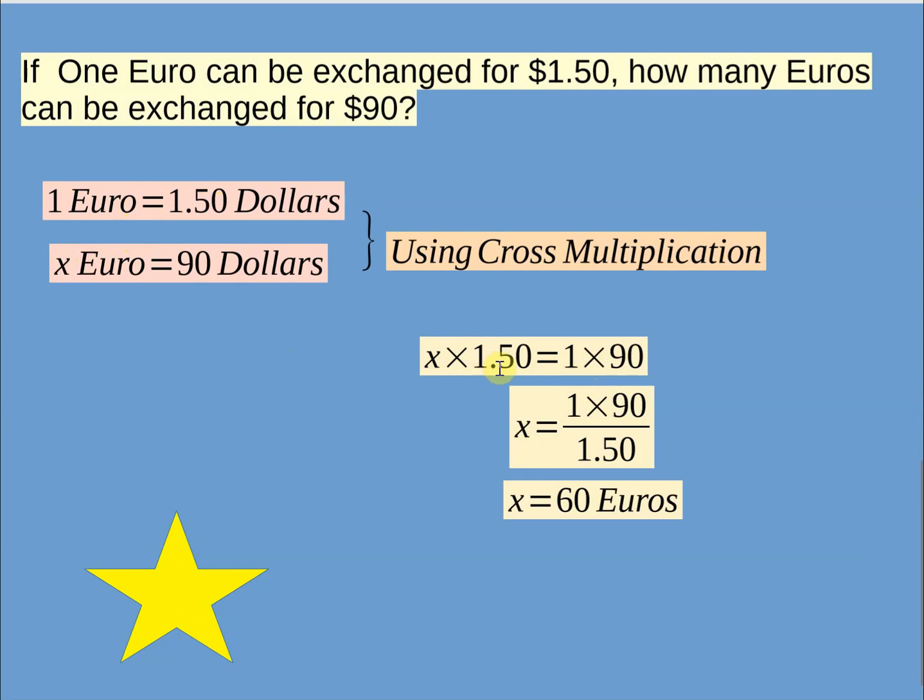So if we move the 1.50 across the equal sign, it becomes division. So we have x is equal to 1 times 90 divided by 1.50, and this gives us x is equal to €60. So if you have €60, you would get $90 if you go and exchange it.